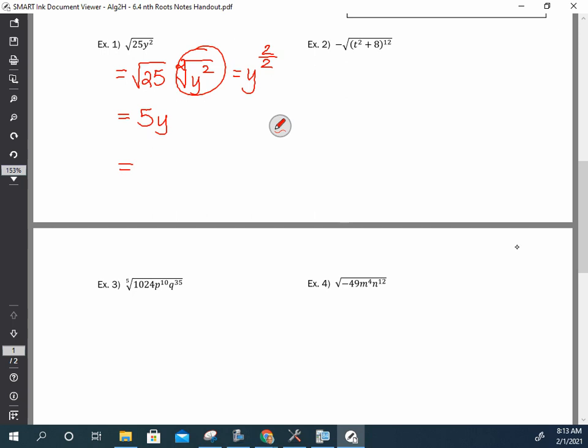So your final answer would be plus or minus 5y. Plus or minus comes into play because this was an even index, because the number up there would have been 2. Questions, example 1.